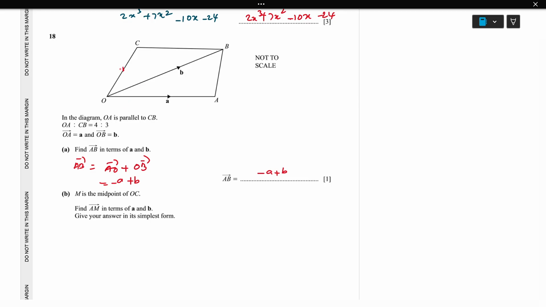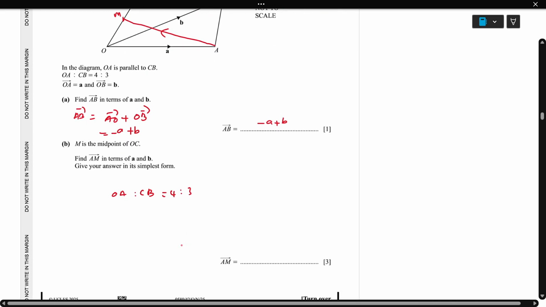So M is the midpoint here. Find AM. This is the length we need, A to M. Also given is OA to CB equal to 4:3. So from here we can find CB.